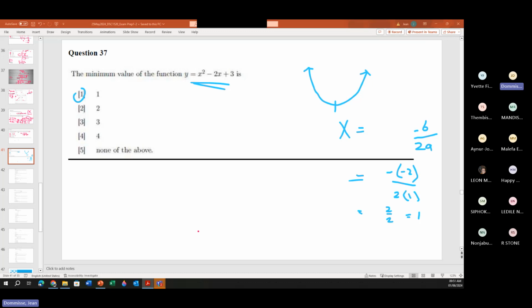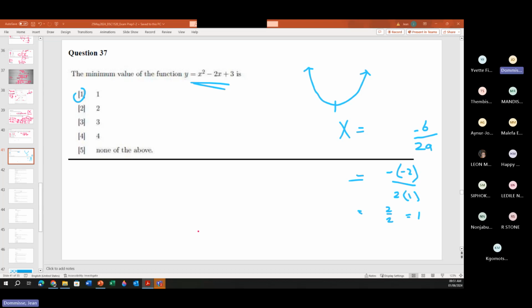Another way would have been to say, but hang on, I know that at the turning point, or when I need to get to a minimum value, I can actually differentiate that, work out x, and that will also be an answer. So if I differentiate that, and that must be equal to 0, that is also a way to work out the minimum point.